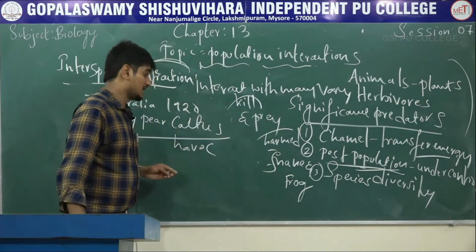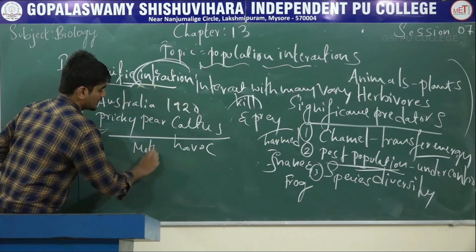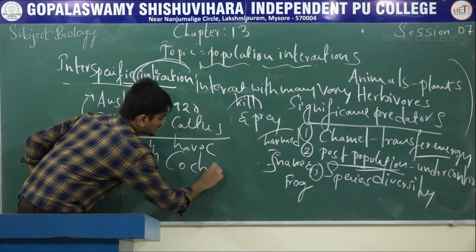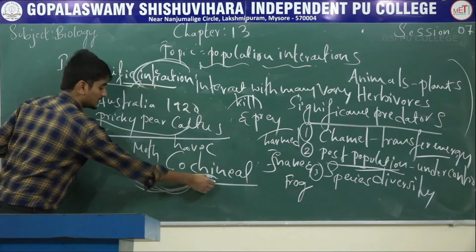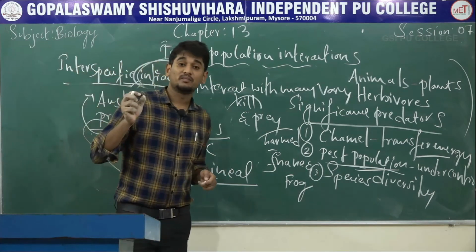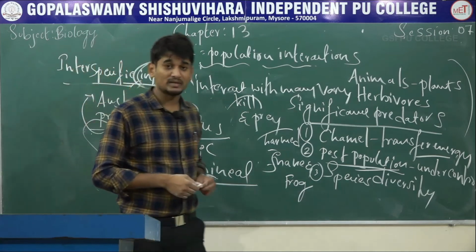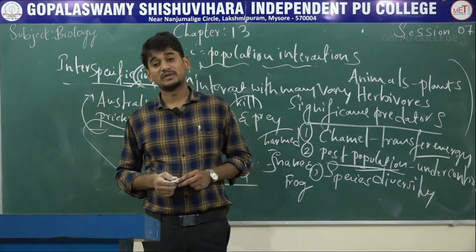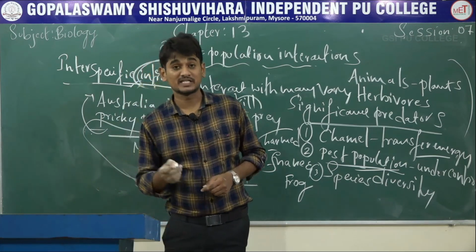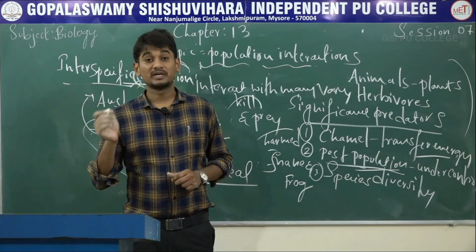That's why the Australian government introduced a moth, called the cochineal insect. The cochineal moth eats the cactus plants to keep the pest population under control. Similar to biological control methods adopted in agricultural pest control, it's based on predators, on how to control the pest population.